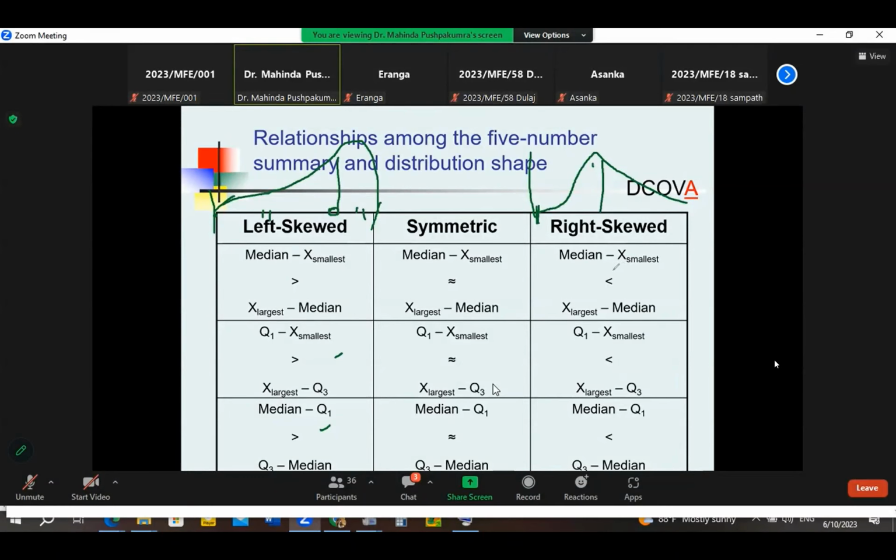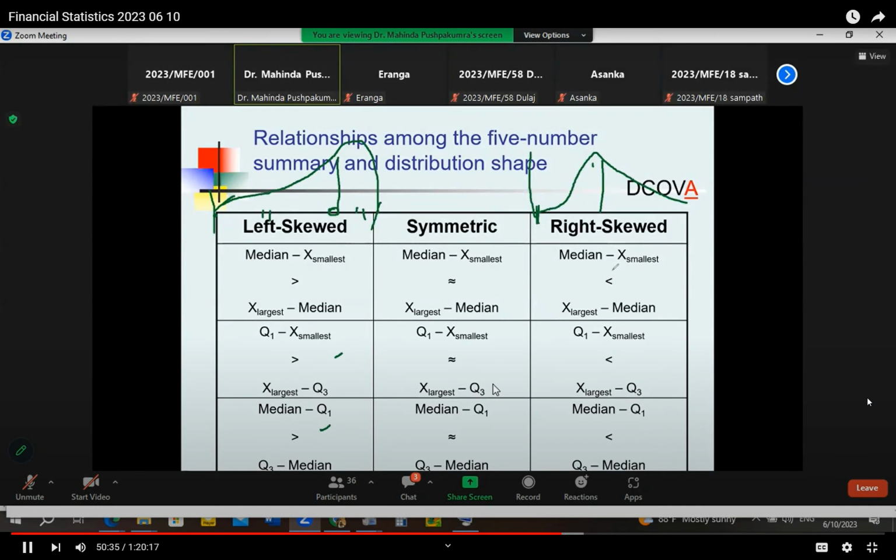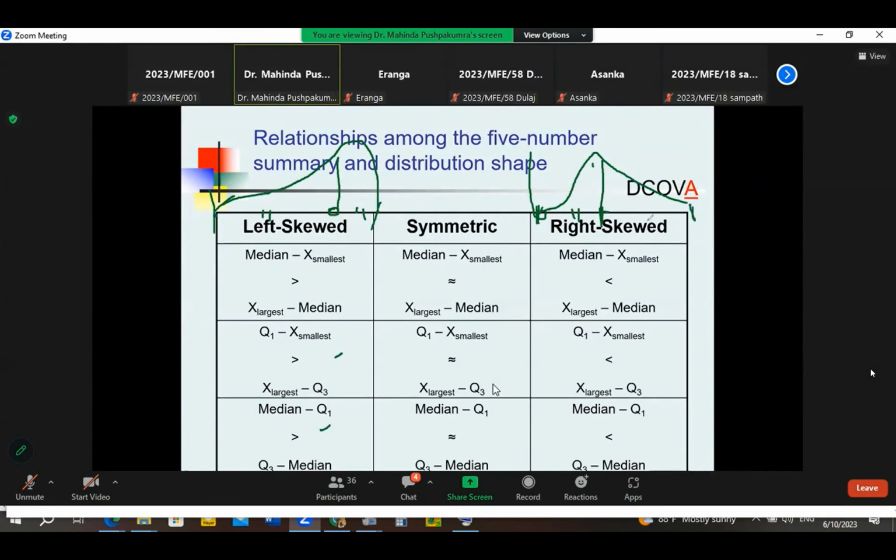Median minus smallest is less than largest minus median.